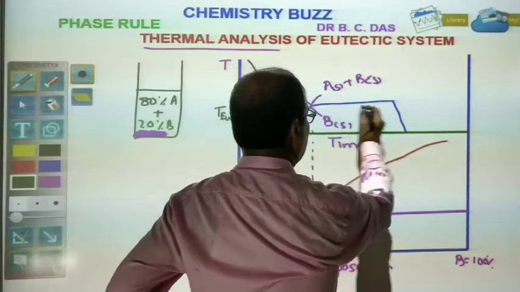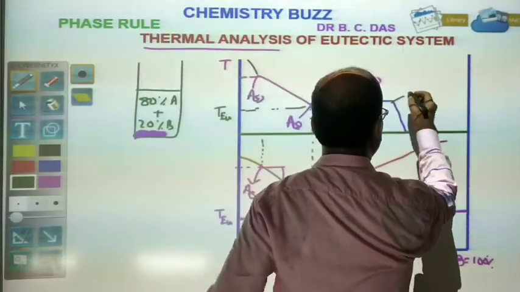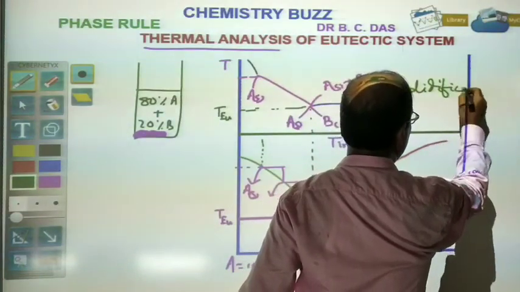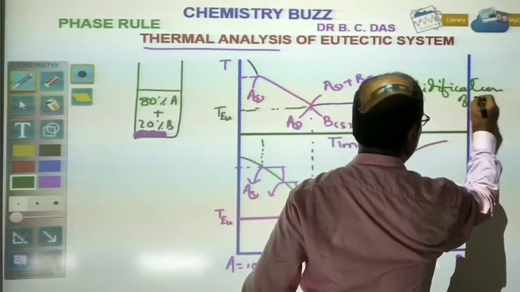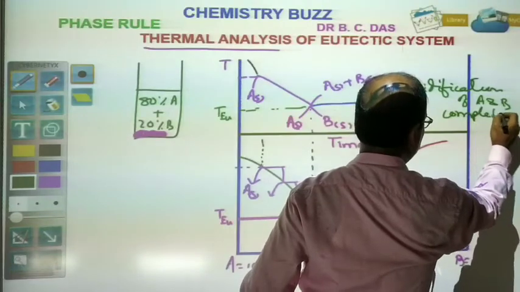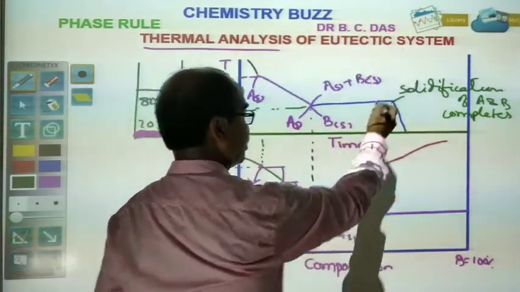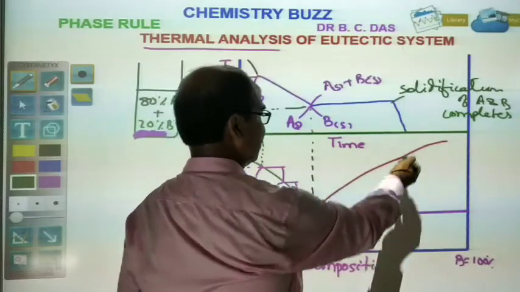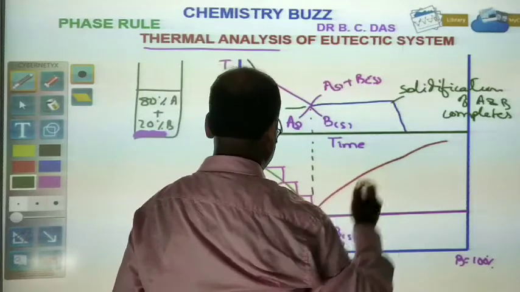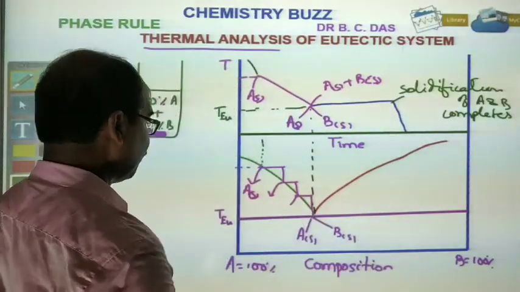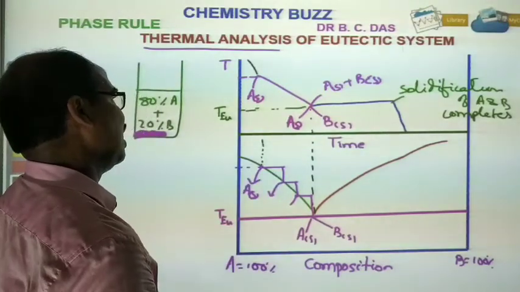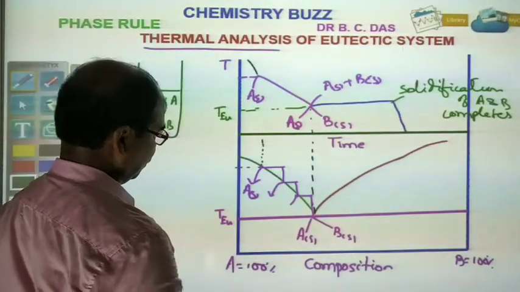At this point, the solidification of A and B completes. When solidification of A and B completes, the temperature will fall further, and that fall will be very sharp.